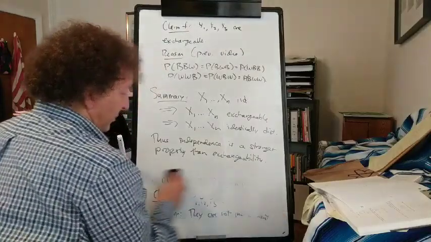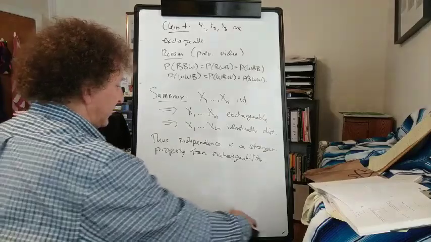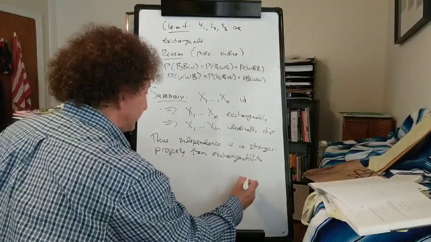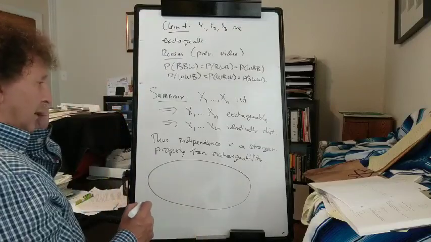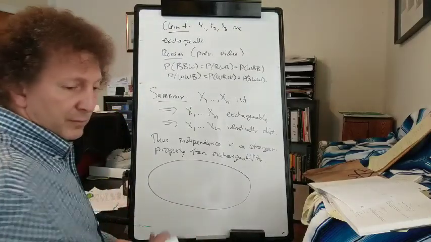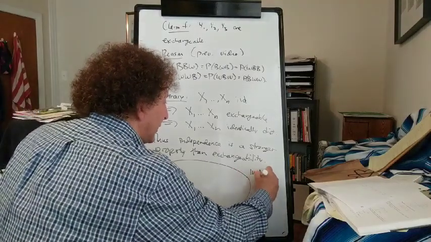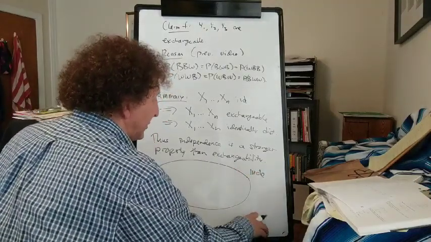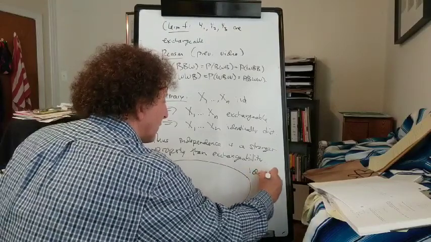And if we were to draw a Venn diagram of sets of random variables, so in the big picture we could have identically distributed random variables.